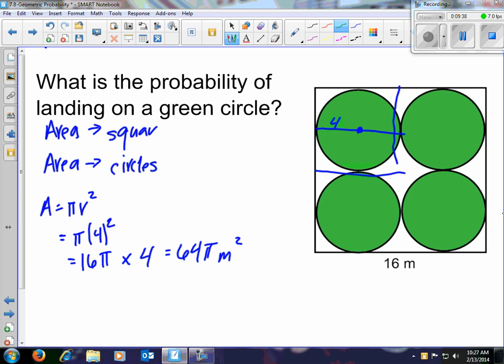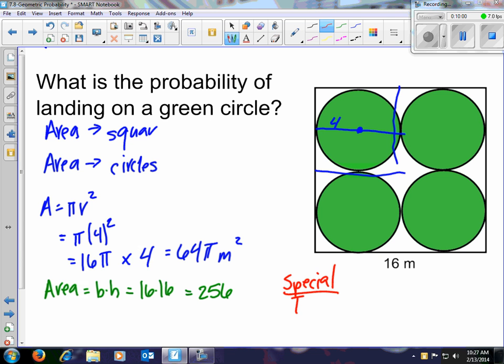Now I'm going to need the area of the square, which is just base times height, which is just 16 times 16, which is equal to 256. So now when we're finding the probability, I have my special area divided by my total.